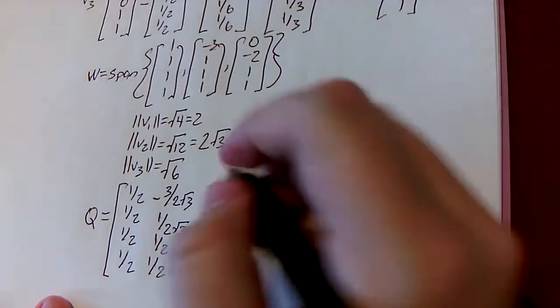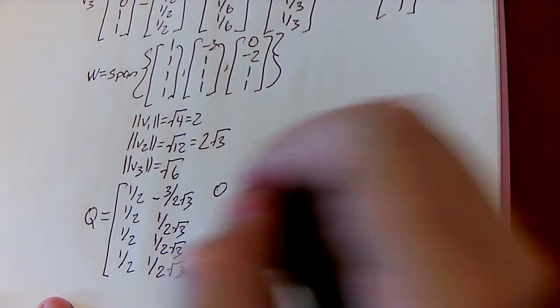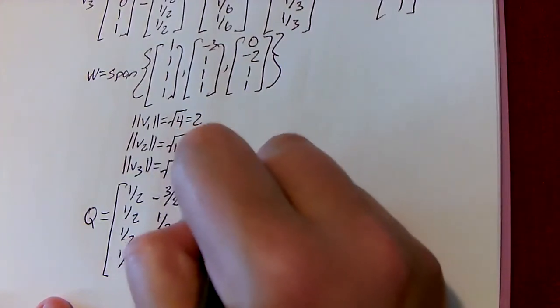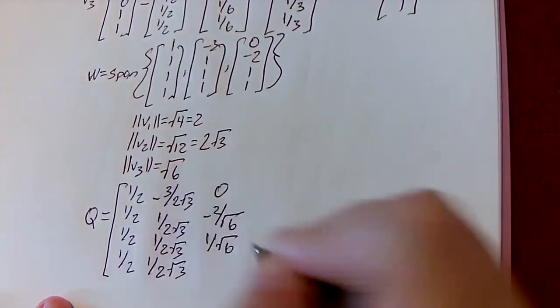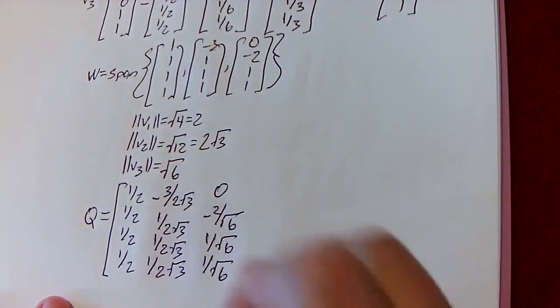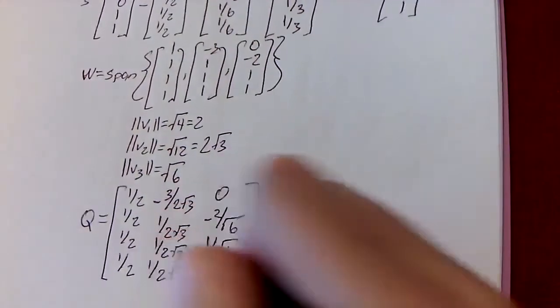And then my fourth one, I'm going to have 0, because 0 over anything is still 0, -2 over the square root of 6, 1 over the square root of 6, and 1 over the square root of 6.